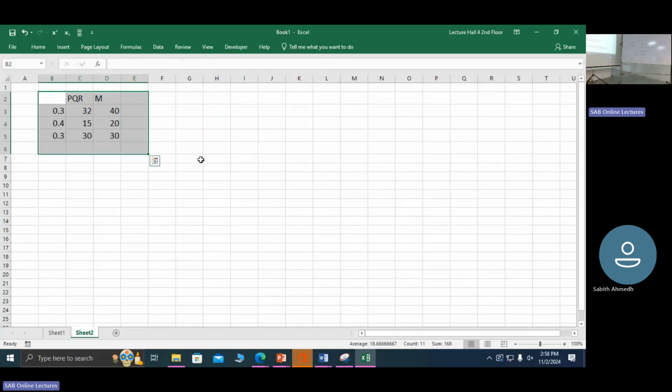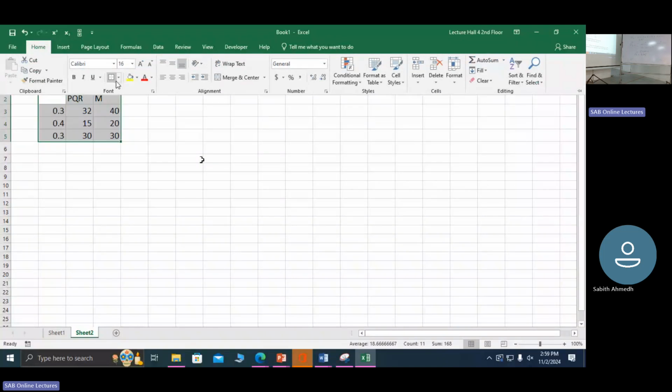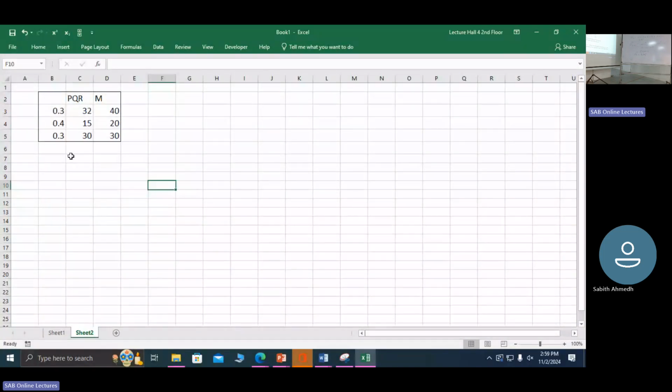So here also you have to calculate expected return for the PQR and the market, and variance and standard deviation for both. Like earlier for other individual stocks, you can calculate expected return, standard deviation and variance for the market as well as this PQR stock.